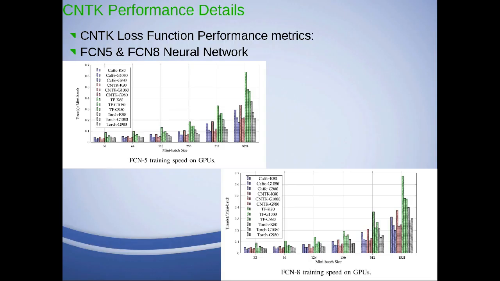Here in this slide we see CNTK performance details on the FCN5 network. On the FCN5 network, the size of mini-batch is set to 4096 in our test, and the results are shown in the figure. We can see the speeds of Caffe, CNTK and MXNet are very similar on a single GPU, which are slightly better than TensorFlow and Torch.